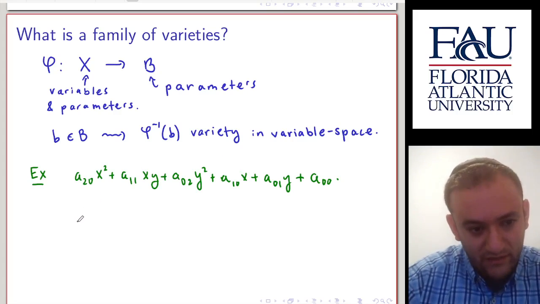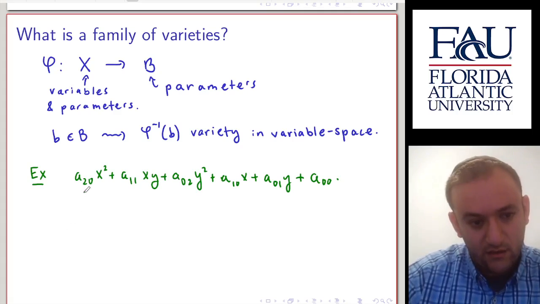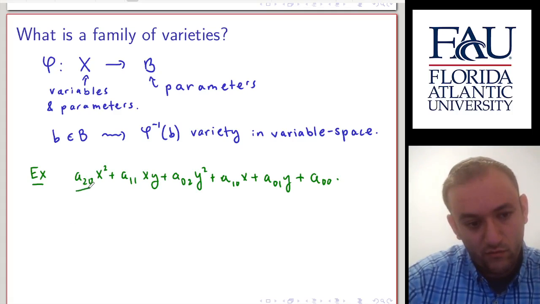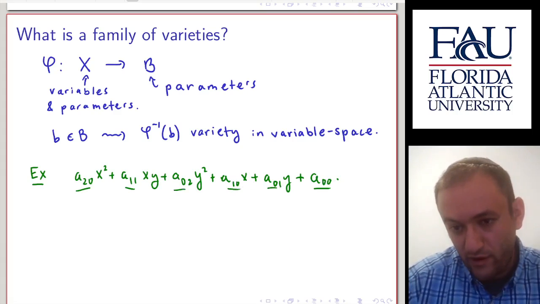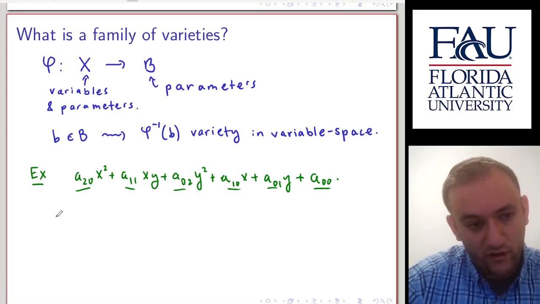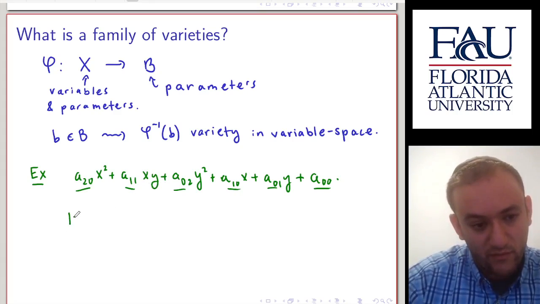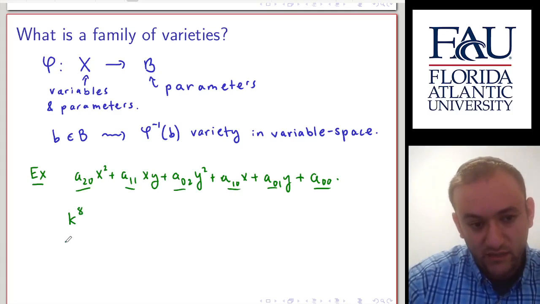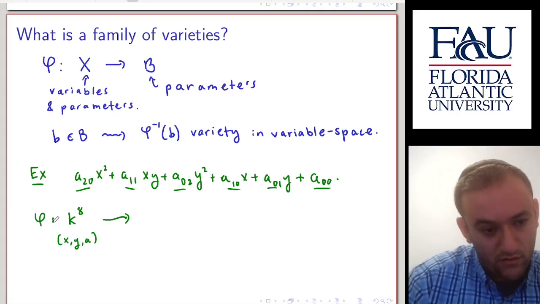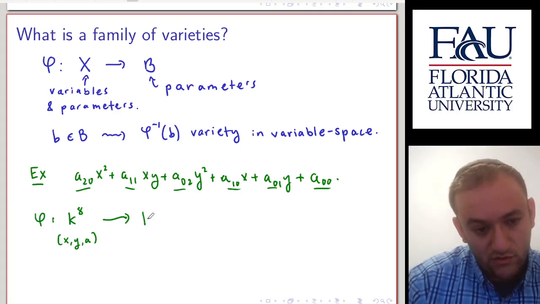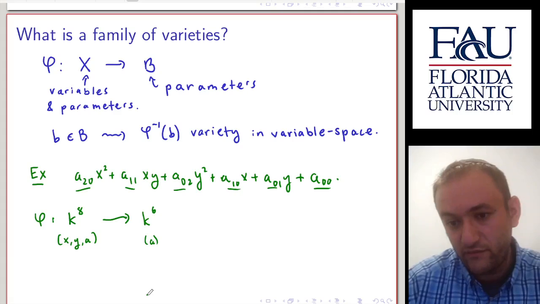Well, I could think about this as living in, so there are 1, 2, 3, 4, 5, 6 parameters, and then 2 variables. So I could view this as going from 8-dimensional space indexed by x, y, and the a variables, and mapping down to 6-dimensional space, just corresponding to the a variables.